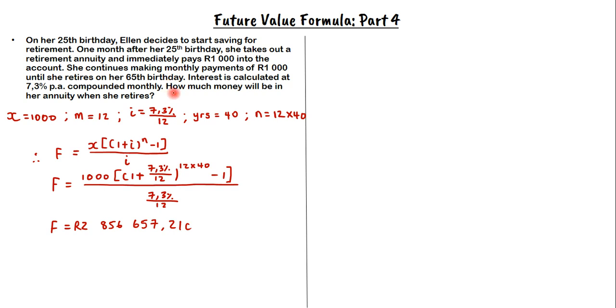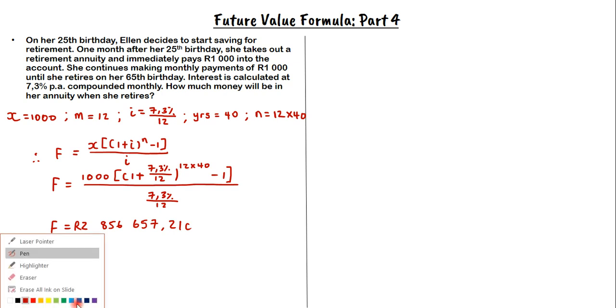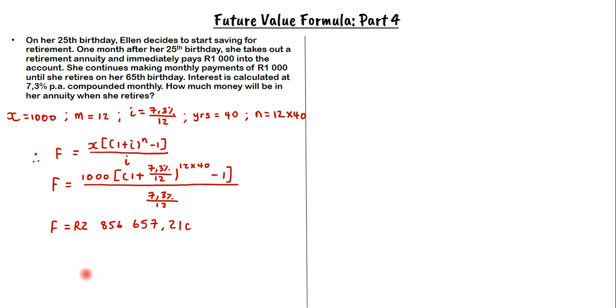Now remember when we spoke about n. Notice that in the future value formula, n is perceived differently. When we talked about compound interest, we said that n tells you how many times interest was charged.